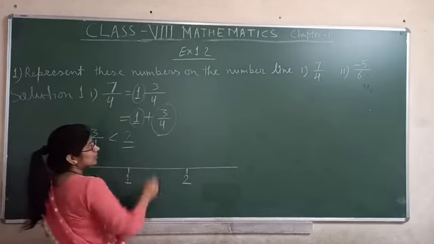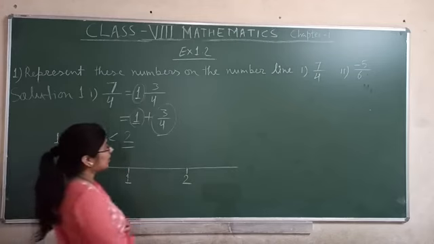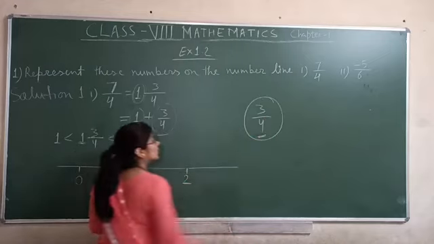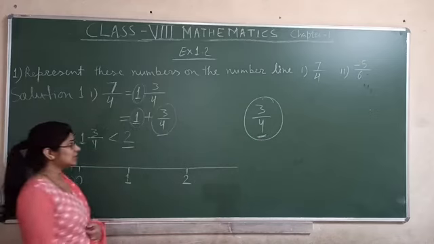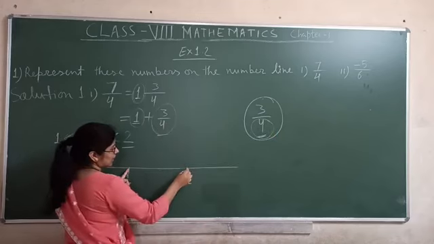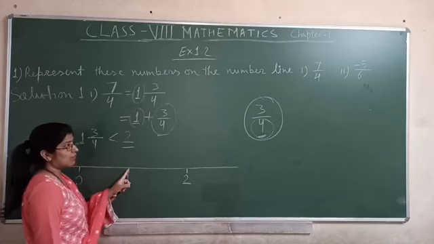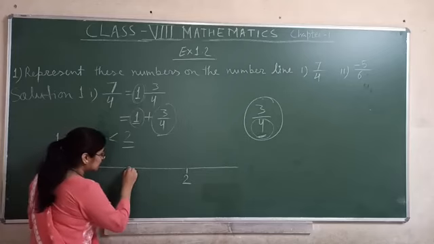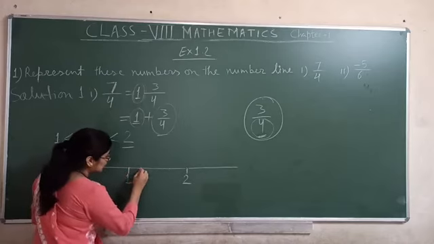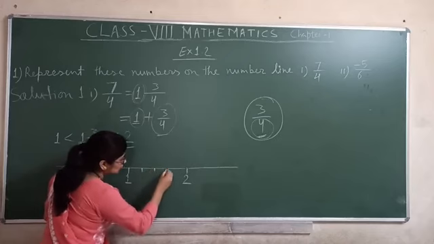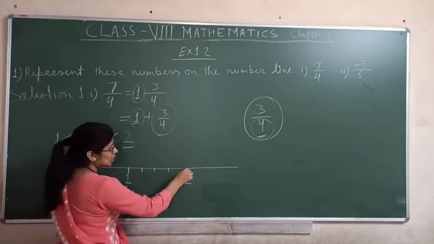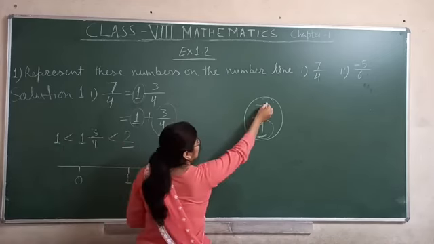Okay. So what we will do? 3/4 you have to draw. So look, denominator. What written in denominator? Here written 4. So in between 1 and 2, you have to draw 4 lines. So we will start from here. So that 1, we will count this one 0, 1, 2, 3, and this one 4. यहाँ 1 और 2 के बीच में हम 3/4 को ड्रॉ कर रहे हैं.